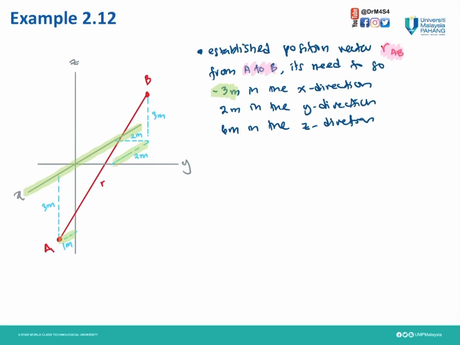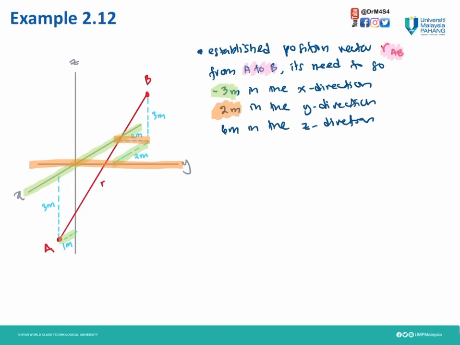So we move in the negative x direction, therefore it is negative 3 meter. Next, let's have a look at the y direction. So 2 meter in the y direction. This is the y-axis, this is A here. So move 2 meter on the positive side. That's why it's 2 meter.